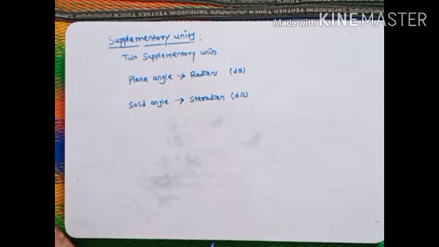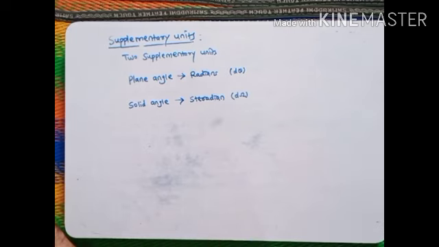I hope you all understand this. This is our first period. In this period we have studied what is meant by units, what is the need of units, then system of units, then fundamental quantities and their definition, then 7 fundamental quantities, then fundamental units with their symbols, then derived quantities.